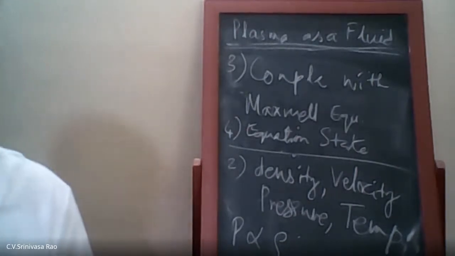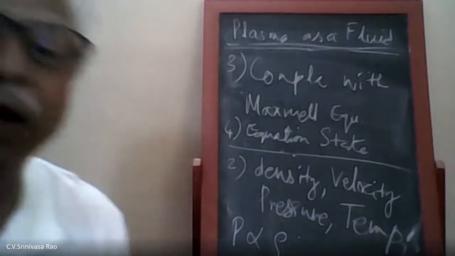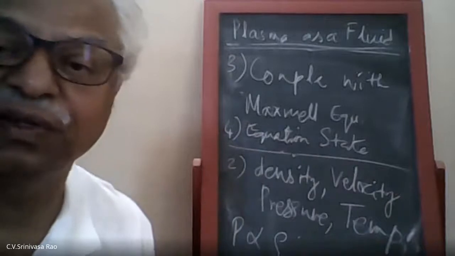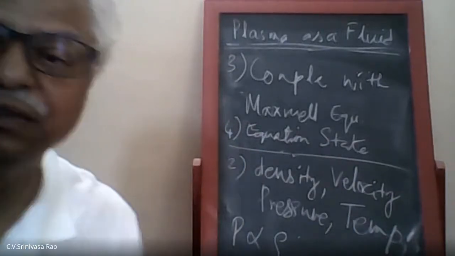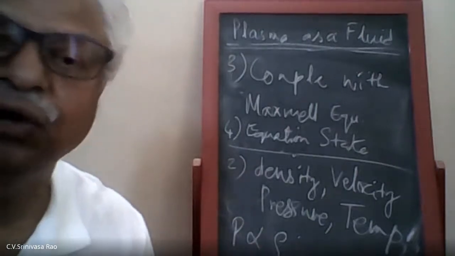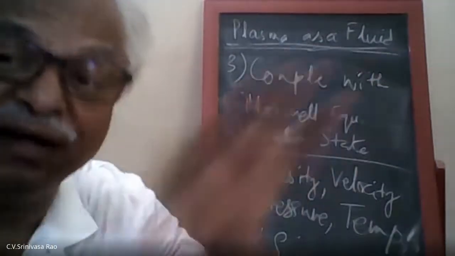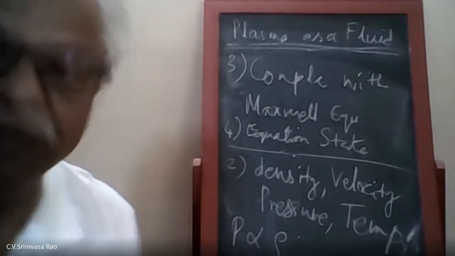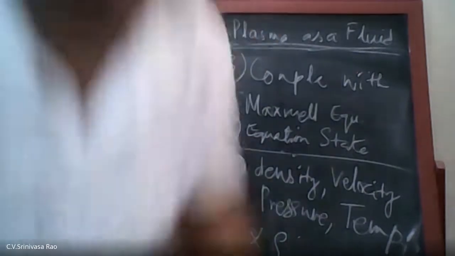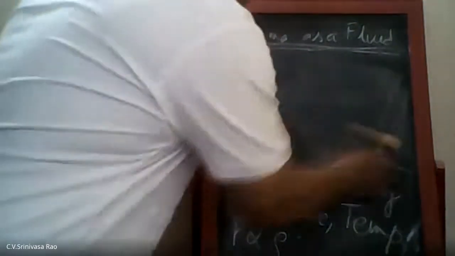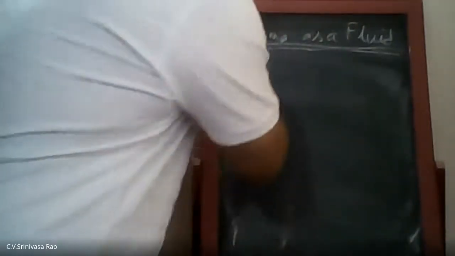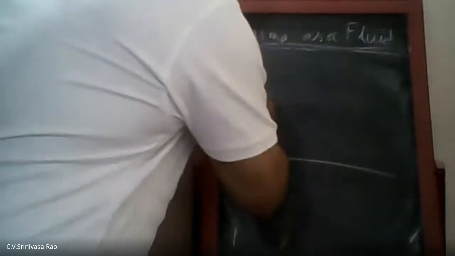Level 2: instead of describing each particle, you are now describing a distribution function. It is a collection of particles, and that collection will have a particular distribution. You must have come across the Maxwell Boltzmann distribution. How does it look? This is f of v.